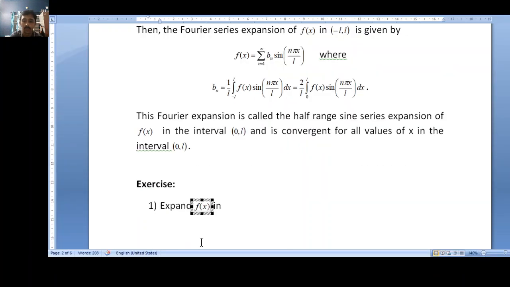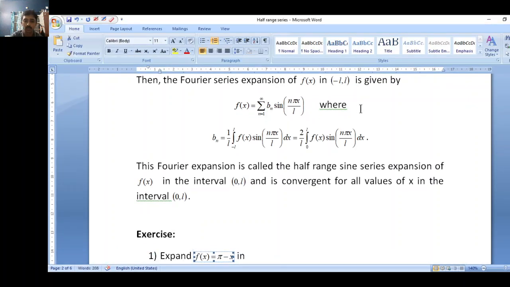I'm going to define f of x to be, say, pi minus x. Okay, so this is how I'm taking a function as such.